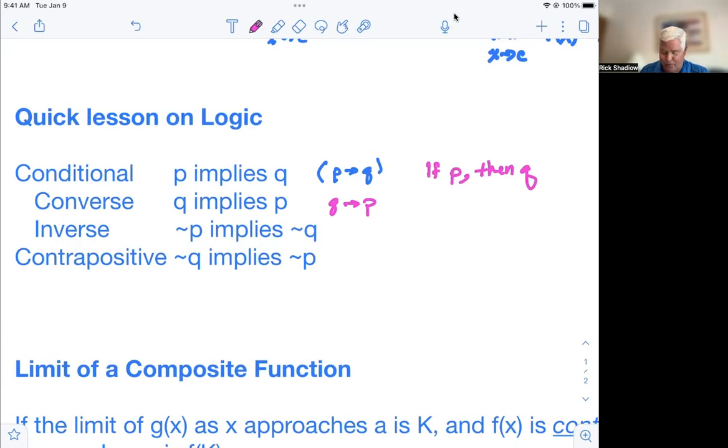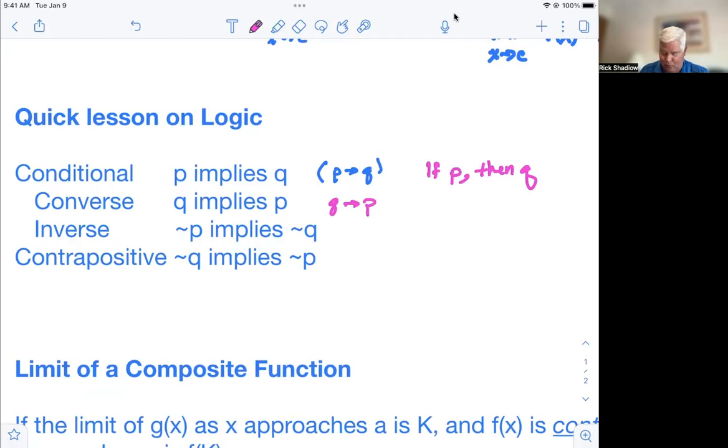If a conditional and its converse are both true, you may remember that to be a biconditional. Then probably something you haven't dealt with much is the inverse, not P implies not Q, where I'm just negating P and negating Q. And then the contrapositive, not Q implies not P. You could say the contrapositive is the converse of the inverse.